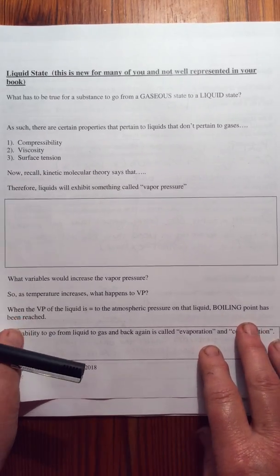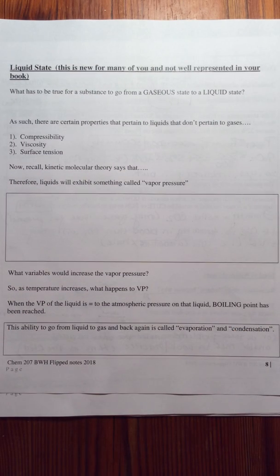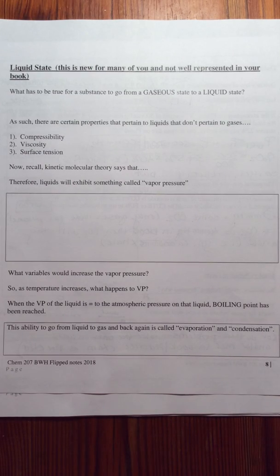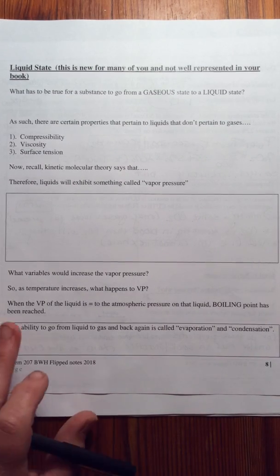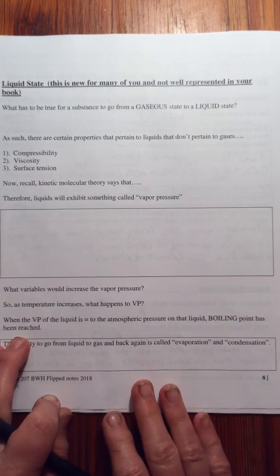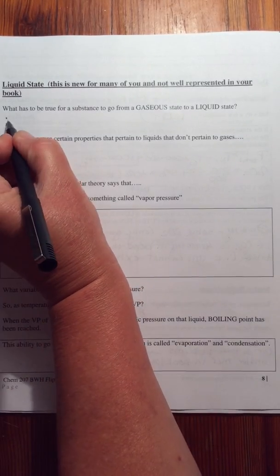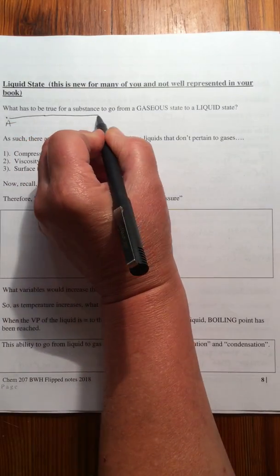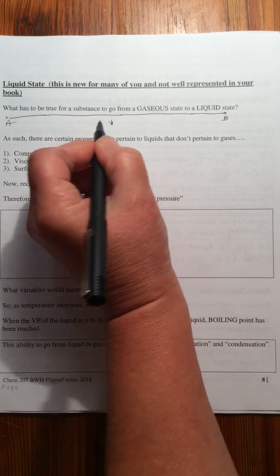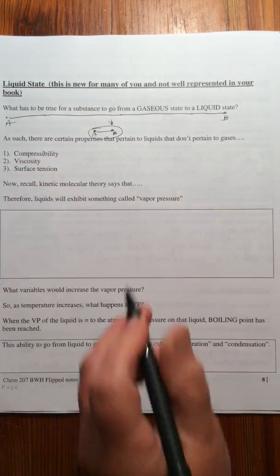That then brings us to the liquid state, and this is new for many of you and not particularly well represented in your book. But the fundamental thing that has to be true in going from the gaseous state to the liquid state is that the particles that are infinitely far apart have to be smushed closer together, and they have to stay there.